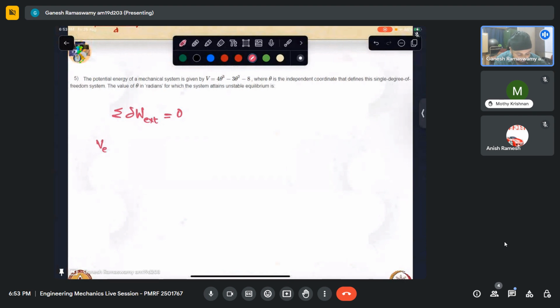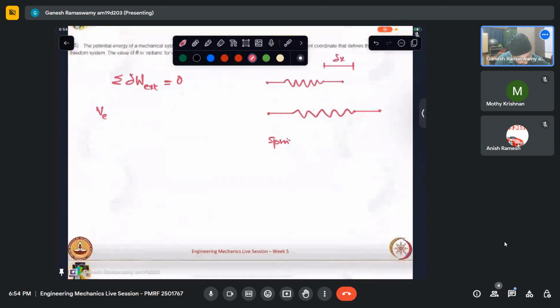If I have a spring like that, and mind you, if I were to elongate this spring by say this amount, delta x, now we know that a spring invariably offers resistance to displacement.